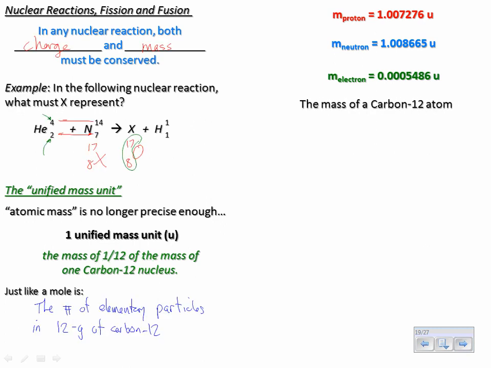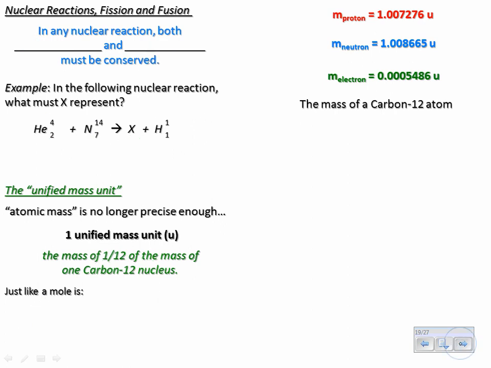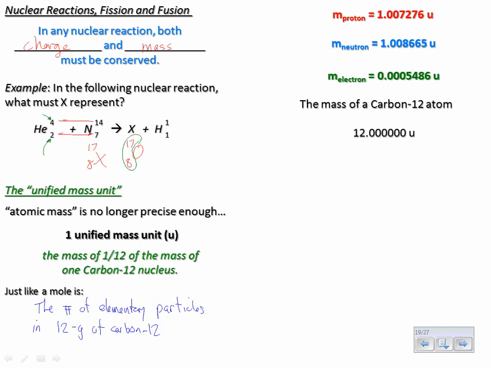What starts to get interesting is, if we say that the atomic mass of carbon-12 is 12 on the nose unified mass units, that's kind of the definition. Well, if we look at its parts, there are actually 6 protons.